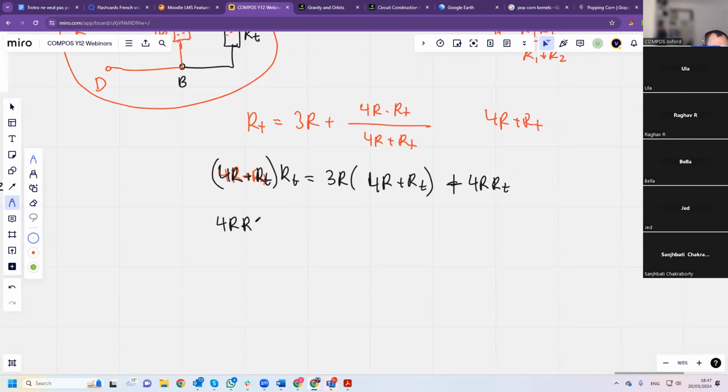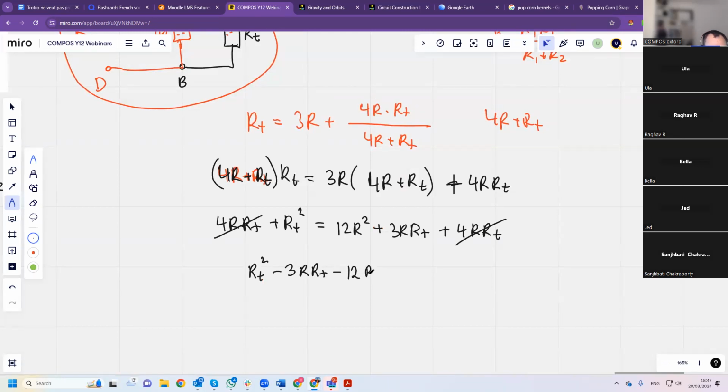So 4R RT plus RT squared equals 12R squared plus 3R RT plus 4R RT. So RT squared minus 3R RT minus 12R squared equals 0.